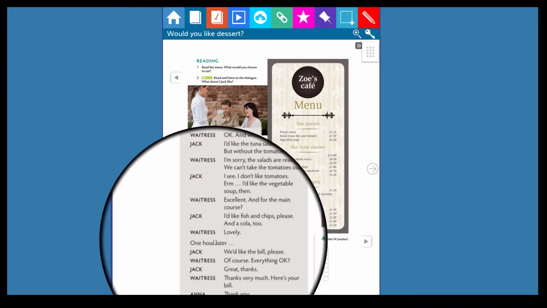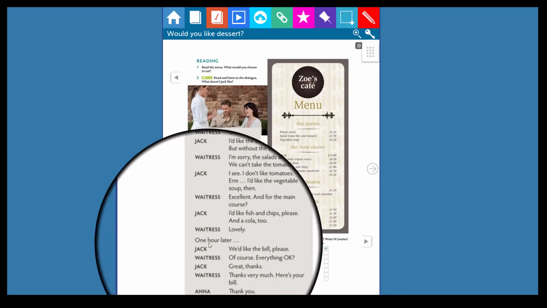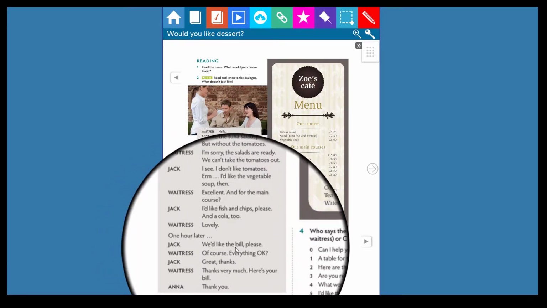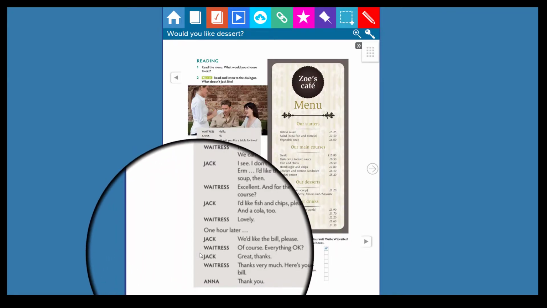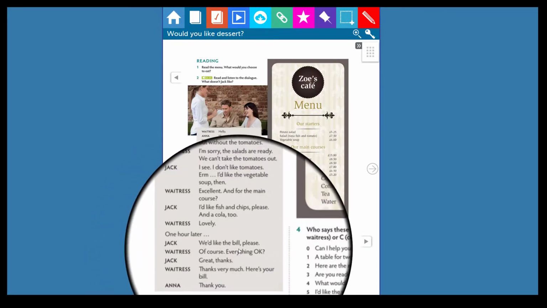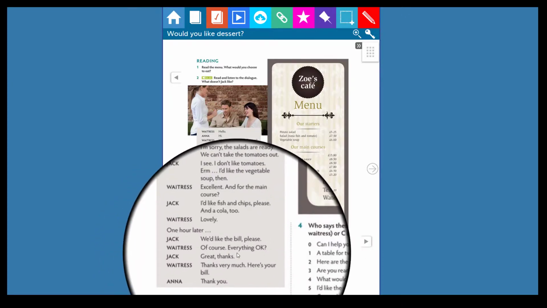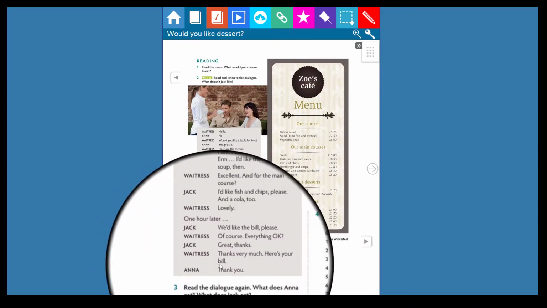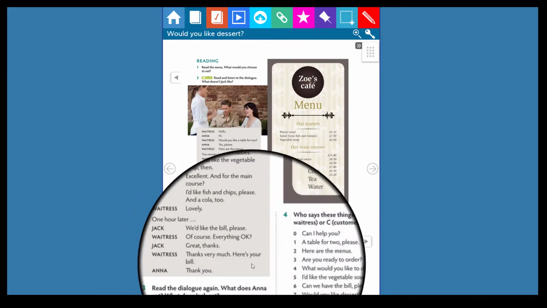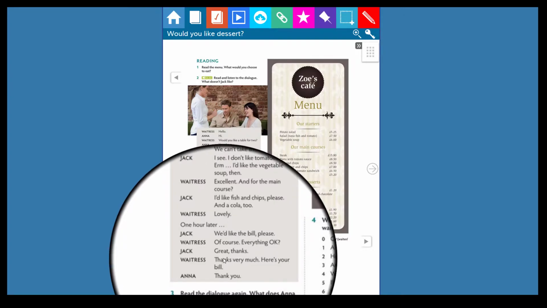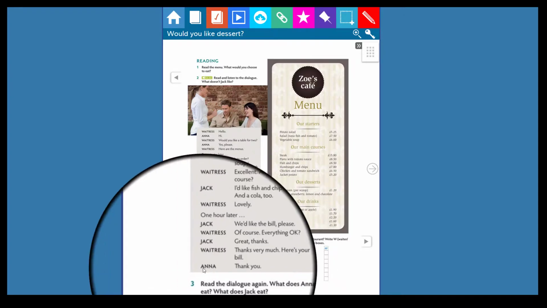The waitress says, "Lovely." One hour later, Jack says, "We'd like the bill, please." The waitress answers, "Of course, everything okay?" Jack: "Great, thanks." The waitress: "Thanks very much. Here's your bill."